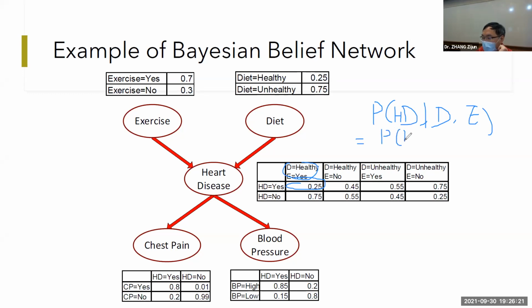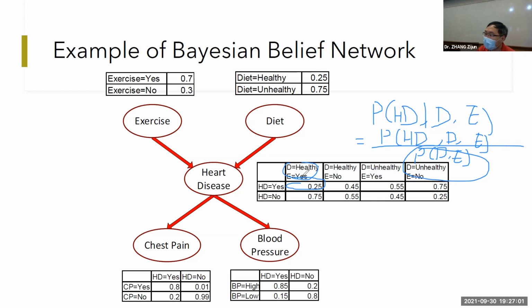It's a counting of all cases where all 3 happen divided by only the 2 conditions happening. So you count the total number of data points that contain D equal to healthy and E equal to yes, and also count the total number of data points including HD equal to yes, D equal to healthy, and E equal to yes. You divide these 2, then it could be equal to 0.25.